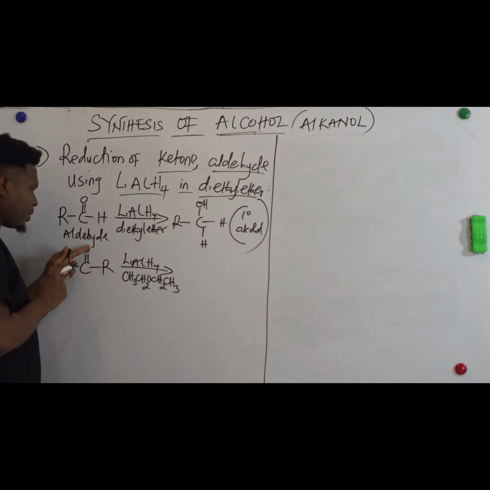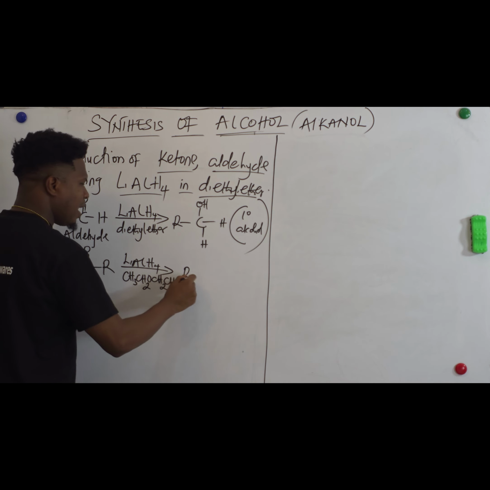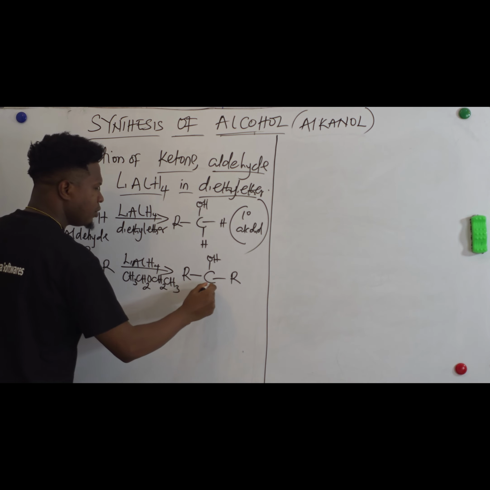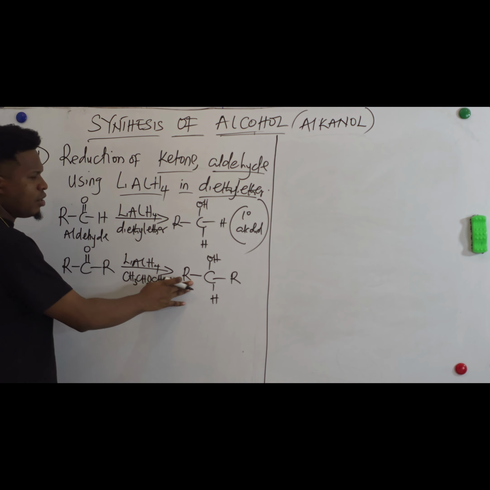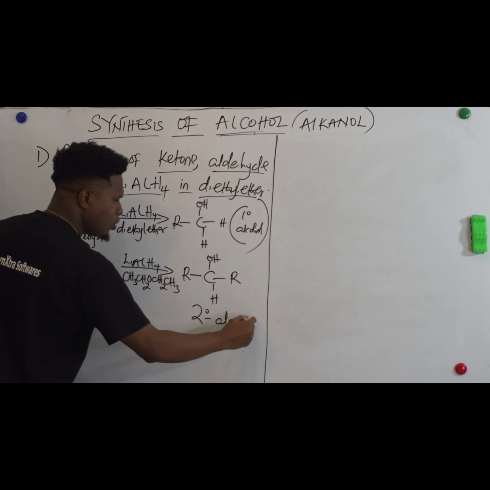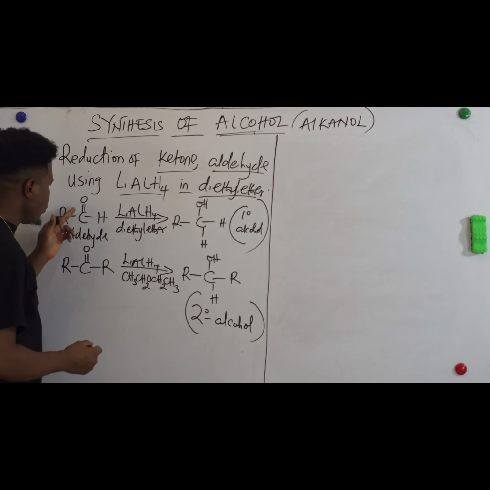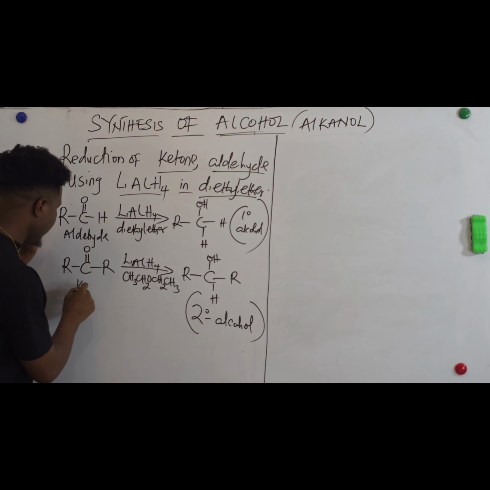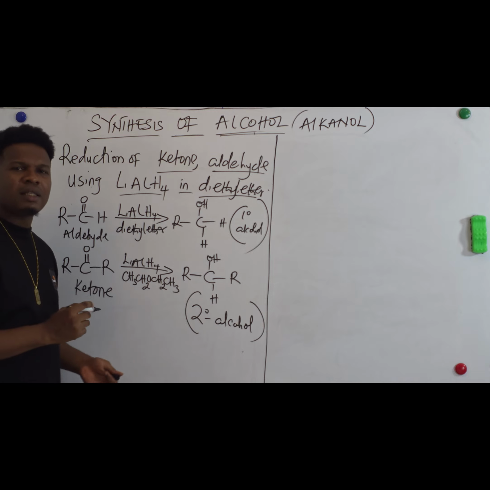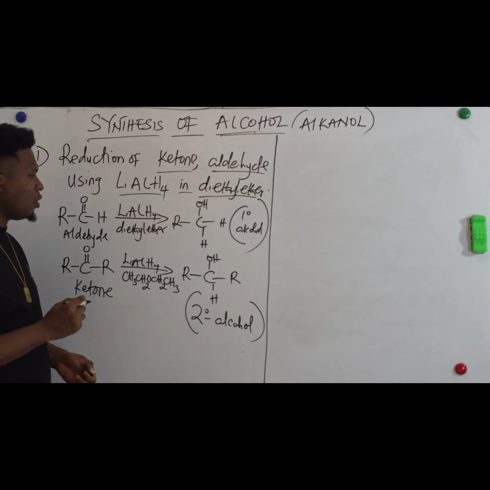Addition of hydrogen will happen on both sides, giving you R2CHOH. So this is a 2 degree alcohol. So in this preparation, we can use ketone and aldehyde to generate a primary and a secondary alcohol.